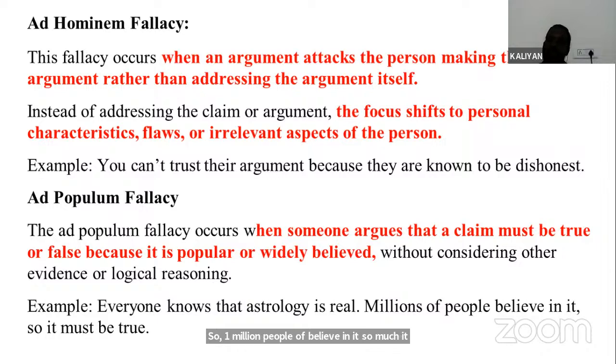There is no evidence or logical reasoning for astrology, but because it is popular and widely believed, we believe that. That is called the ad populum fallacy.